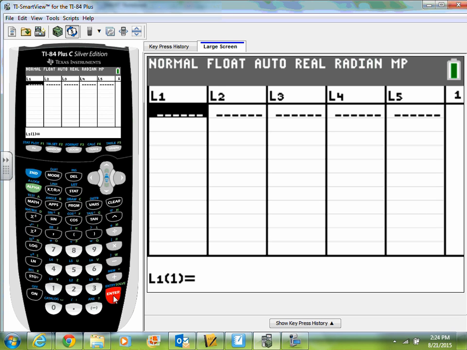Okay, and I start out at 1980, so 1980 is going to be my year 0. And then I go to 1982, so that would be like year 2. 1984 is year 4, etc. And it goes up by 2s.